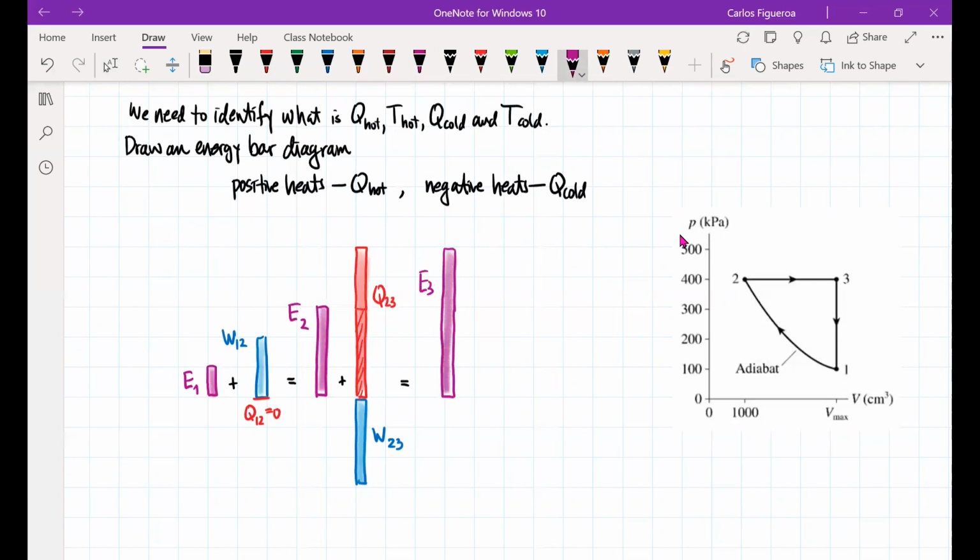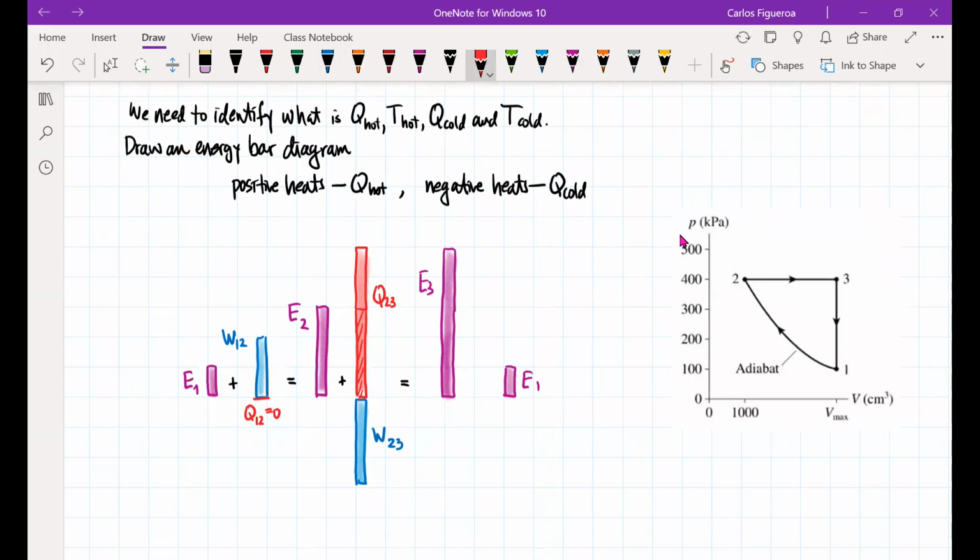But now, here's what we see. I have isobaric cooling. So heat has to be ejected out. So when I look at my bars, I have to get to this energy state, E1. So what I'm seeing here is that I got 1, 2, 3, 4.